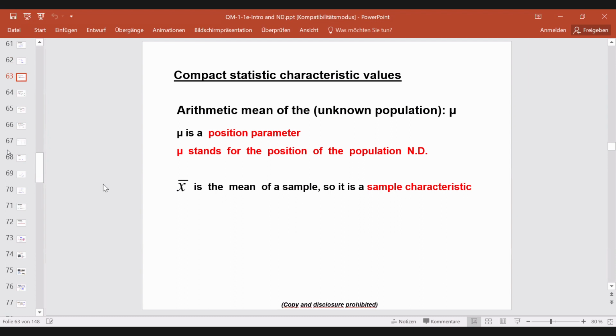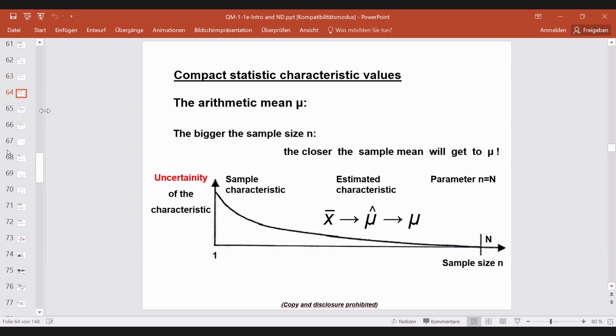The mean of the population is a position parameter. Mu stands for the position of the normal distribution of the population. And x bar is the mean of the sample. It's only a sample characteristic.